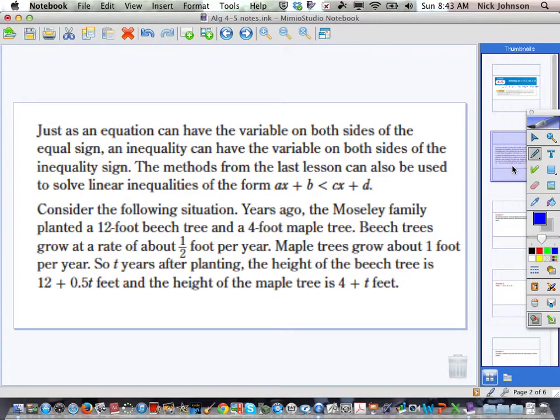So t years after planting, the height of the beech tree is 12 plus 0.5t, because it started at 12 and then it grew a 1/2 foot each year. And the height of the maple tree is 4 plus t, because it started at 4 and it grew 1 foot per year. Okay, so those are two equations: this is representing the beech tree, this is representing the maple tree. Okay?